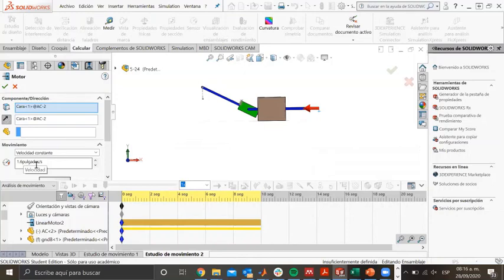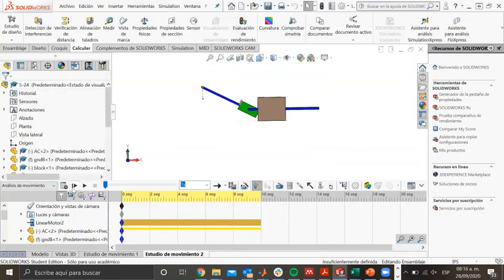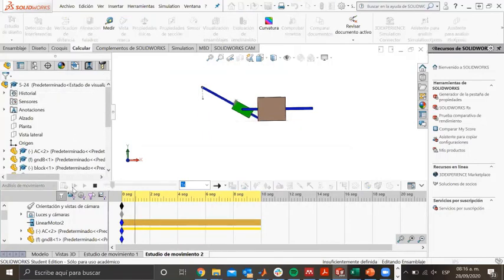That's the input value. I don't need to put the negative sign because I have already included the direction here. Okay, easy stuff, nothing complex. Okay, the motor is there. I can run this. It moves as it should move. Beautiful stuff, pretty stuff, magical stuff, I'll say.